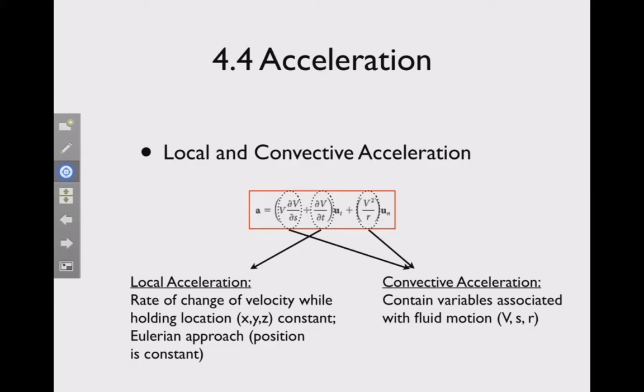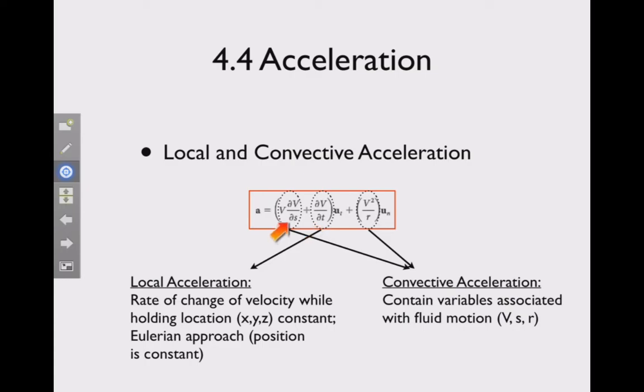What we do in fluids is we take these terms and call them the local and convective accelerations. Let's take a look at this del v del t term. This is the local acceleration. As I mentioned before, this is just the rate of change of velocity while we're holding position, or s, x, y, and z, constant. So this is an Eulerian approach. We're holding position constant and watching the velocity change at these locations.